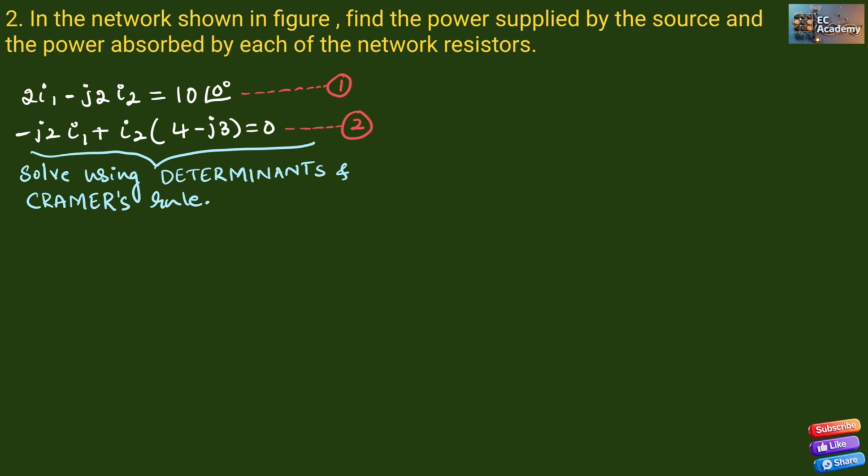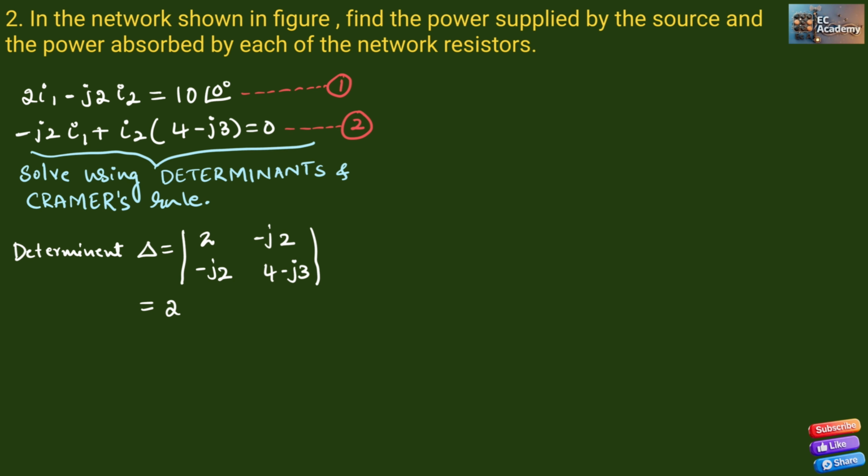So we can solve equations 1 and 2 using determinants and Cramer's rule. First let us write the determinant for these two equations. We can write delta is equal to the determinant with rows (2 minus J2, minus J2) and (minus J2, 4 minus J3). So this is the determinant. Let us solve this using the matrix method.